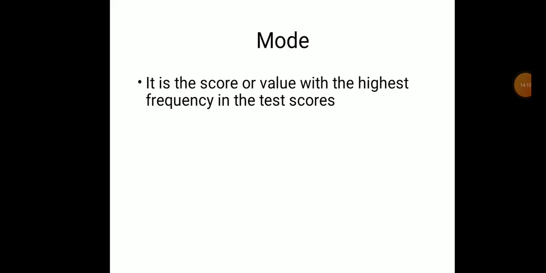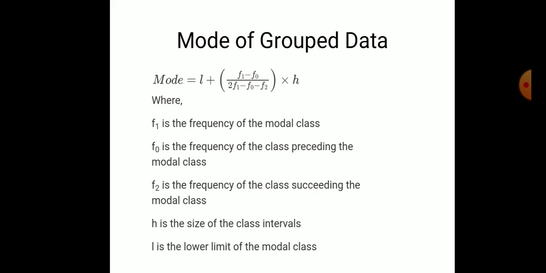Okay, so next, the last one is the mode. The mode is a score or value with the highest frequency in the test scores. So, the mode is the most commonly occurring value in a distribution. For the mode, we first follow a formula if the data is grouped.